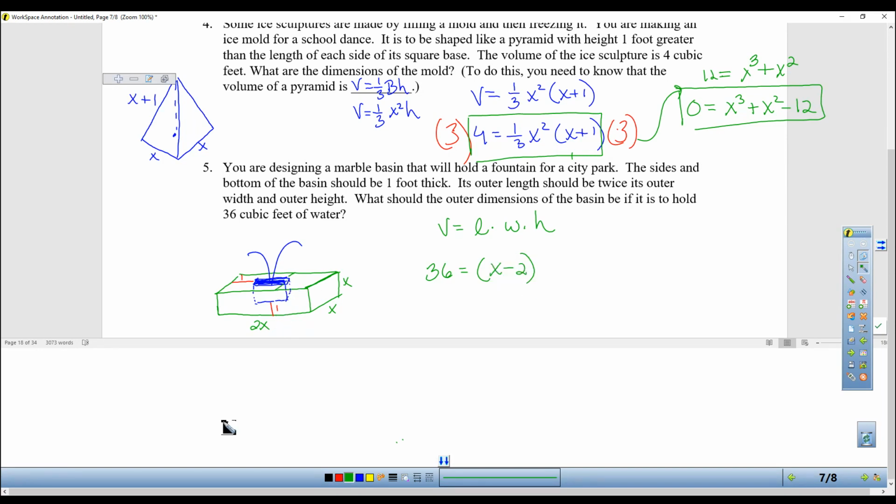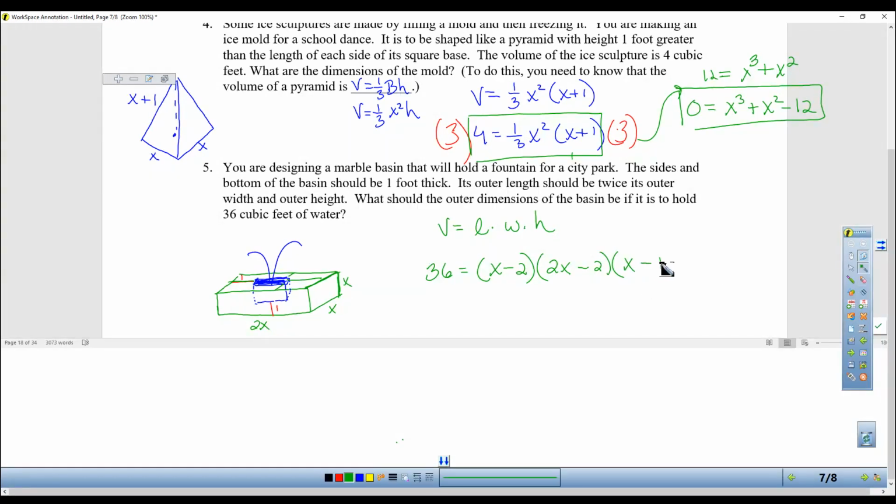That will give you that inner dimension. And then the other one, again, they came in a foot on either side. So you start with that 2x, but they came in a foot on either side. That's also minus 2. And then the height is x, and then again, minus 2. No, sorry, minus 1, because you don't come in from the top and the bottom. So just minus 1.